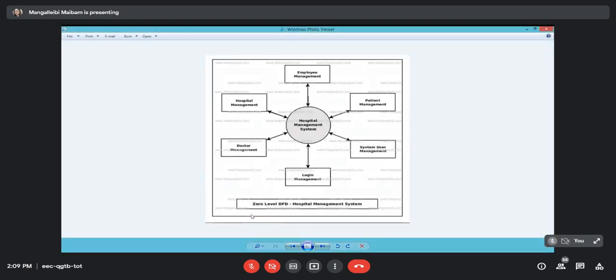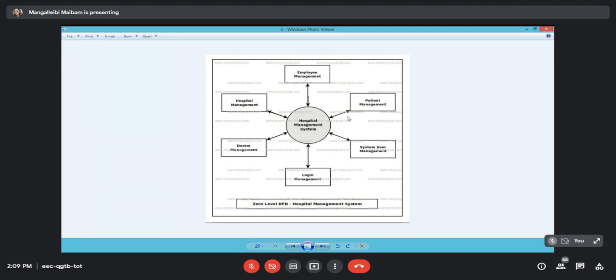See, this one is also a zero level diagram for hospital management. Okay, hospital management system. The process is here, and these are the certain entities we have. Okay, doctor management is one entity, login one entity, user management one entity, patient management one entity, employees one entity we have, for hospital management like this.